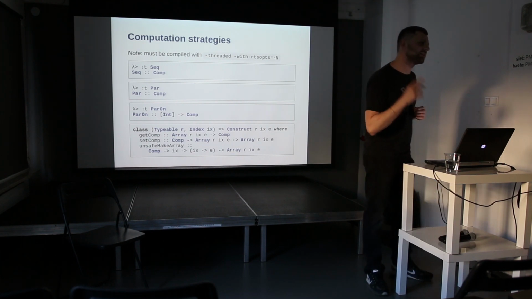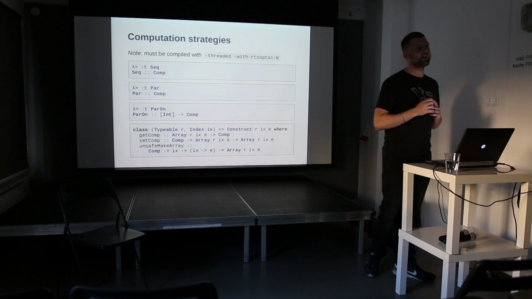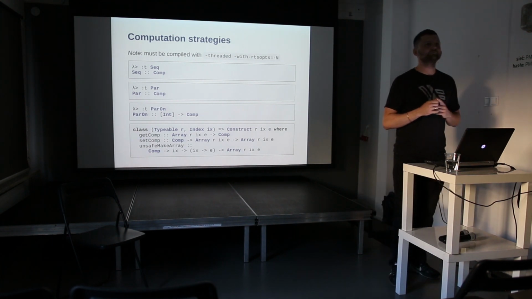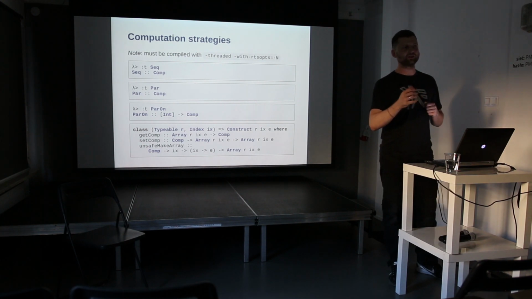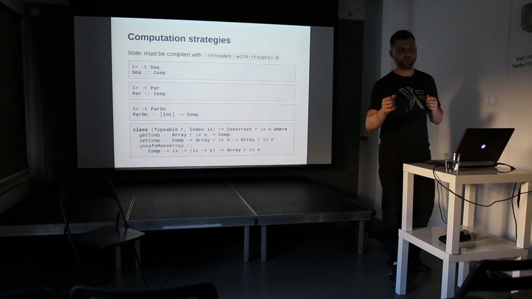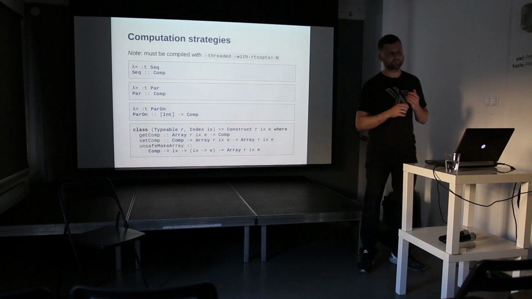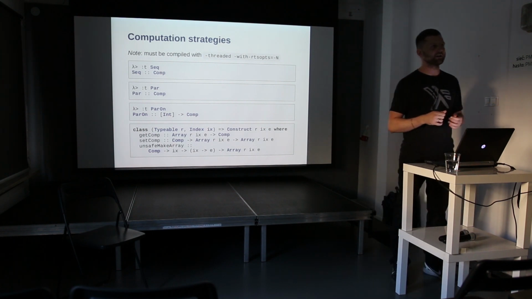Repa integrates with Accelerate. It has the array representation for Accelerate arrays. It's a little bit different. I think you can use Repa as a backend for Accelerate. That's what you mean, right? No, I think it's the other way around. Possible. I don't know. We can discuss that a little bit later.